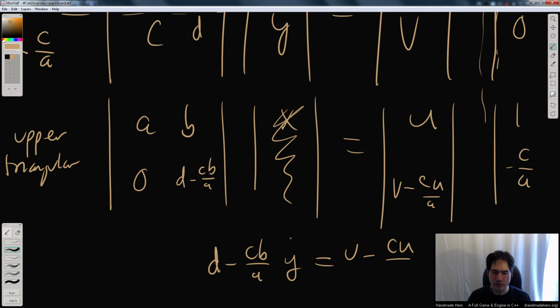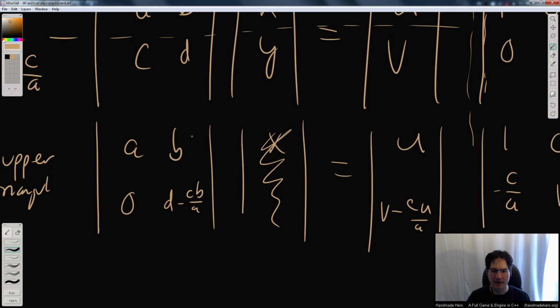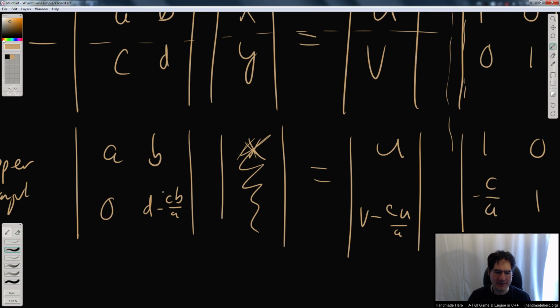But although I can read off the y from this tabular result, I can't actually read off what the x is, because the equation on the top still has ax plus by equals u, right? So it turns out we can eliminate this one further, because now that we have a row that's 0 and 1 value here, we can do the same thing we were doing before to knock out the value above it.